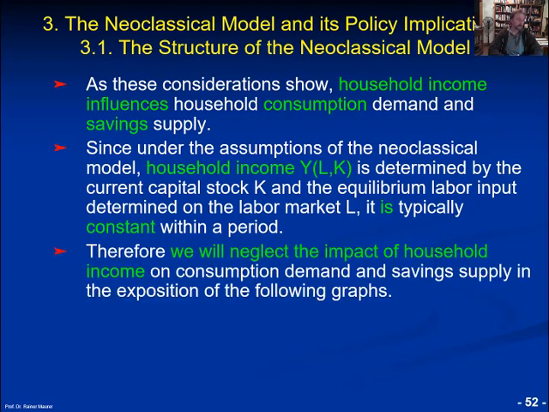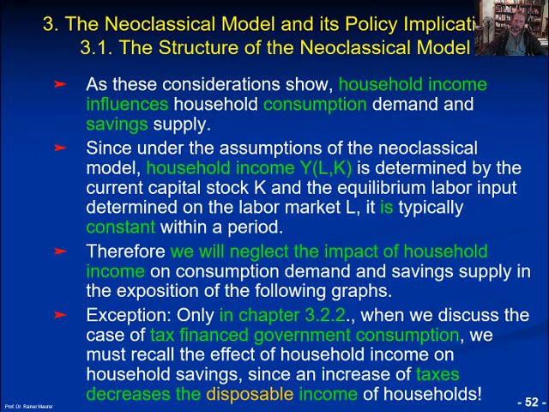Therefore, we will neglect the impact of household income on consumption, demand and savings supply in the exposition of the following graphs. There is, however, one important exception in chapter 3.2.2 when we discuss the case of tax-financed government consumption.